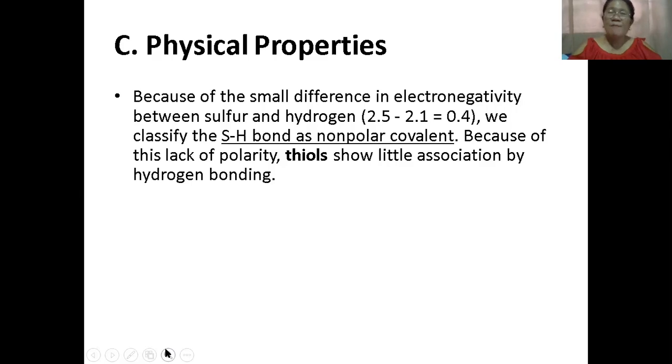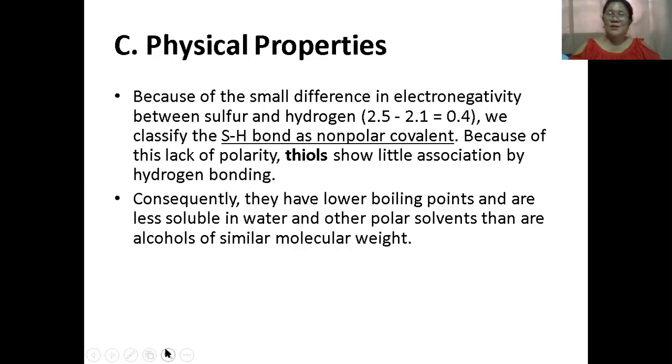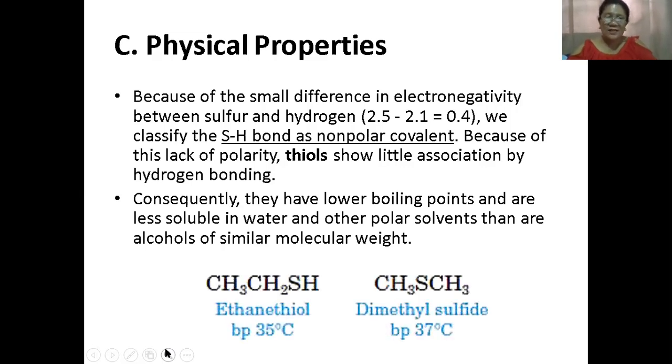Because of this lack of polarity, thiols show little association with hydrogen bonding. Consequently, they have lower boiling points and are less soluble in water. And take a look: compare ethane thiol with dimethyl sulfide, its boiling point is lower.